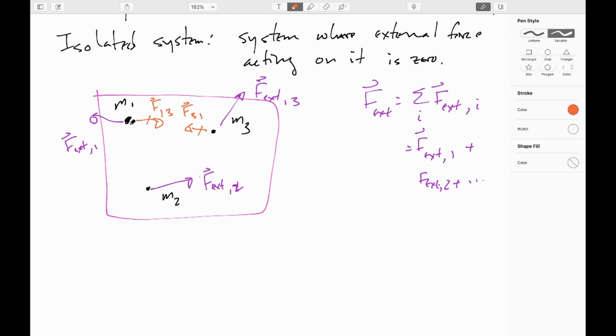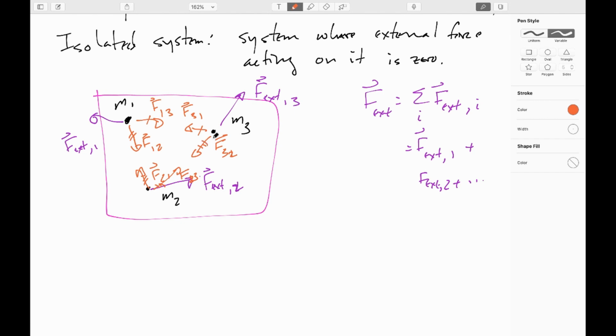We could have something similar. Say this might be the force on particle 1 due to particle 2. This would be the force on particle 2 due to particle 1. They're a different action-reaction pair. And then finally, this might be the force on particle 3 due to particle 2, and this would be the force on 2 due to 3. And that's also an action-reaction pair.